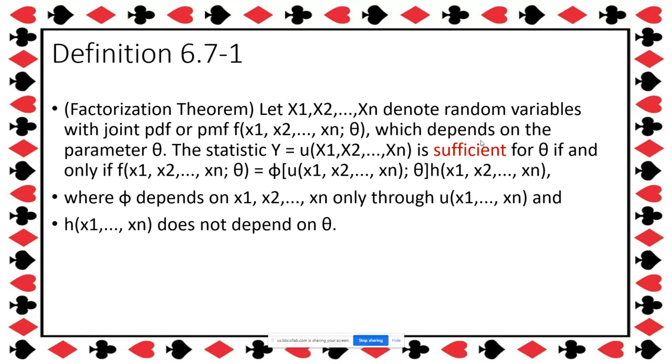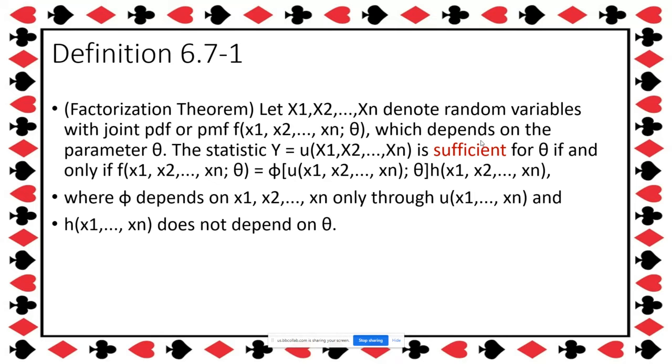One factor contains information about theta and u. The other factor contains no information about theta, only information about x1, x2, and xn. Okay. In this case, the u is called sufficient for theta.